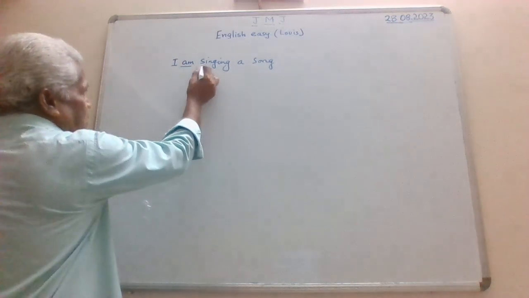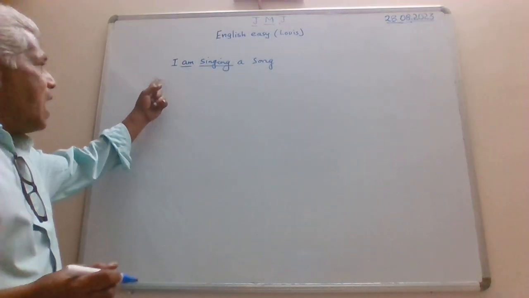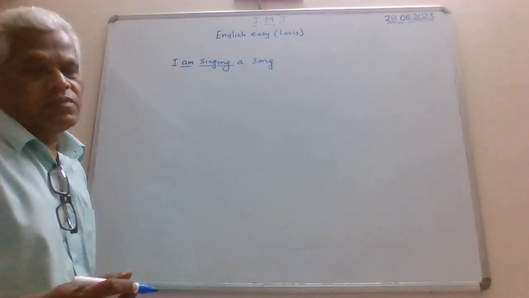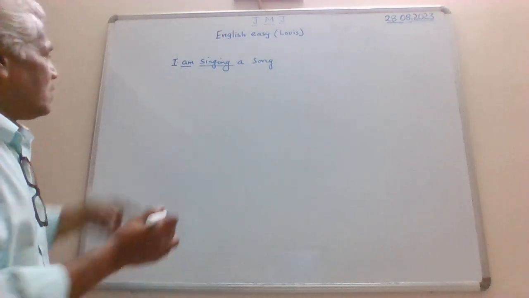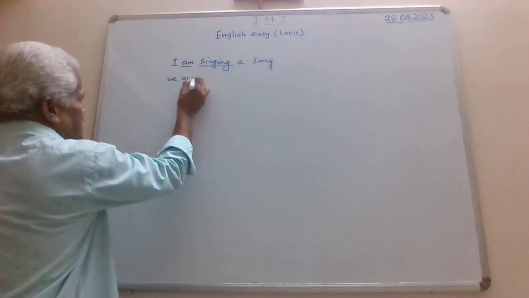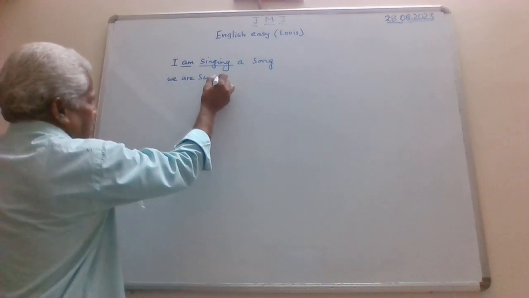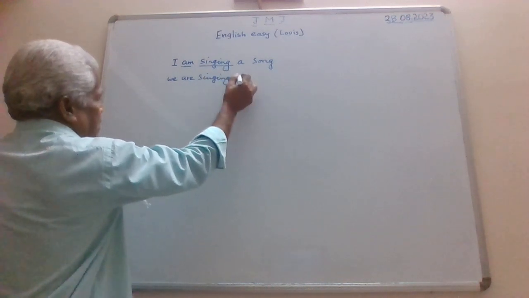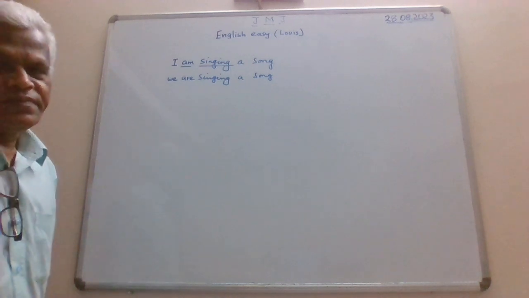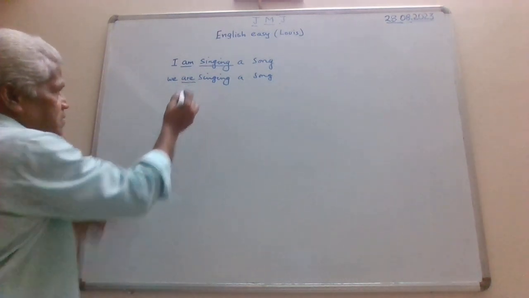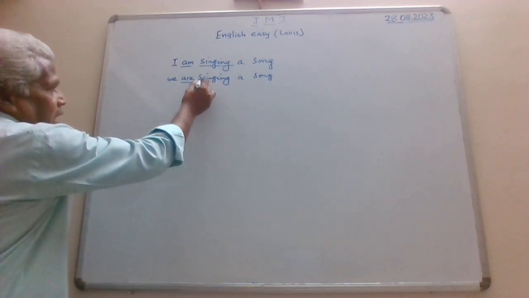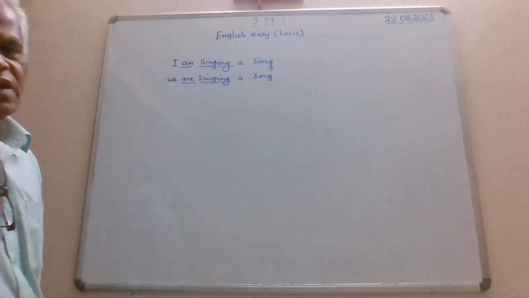So this is your verb. Okay, and the main verb is sing, and then you are adding ing to the main verb. What about the subject we here? We are singing a song. Since your subject is we here, we are using are and adding the main verb and ing there: are singing.